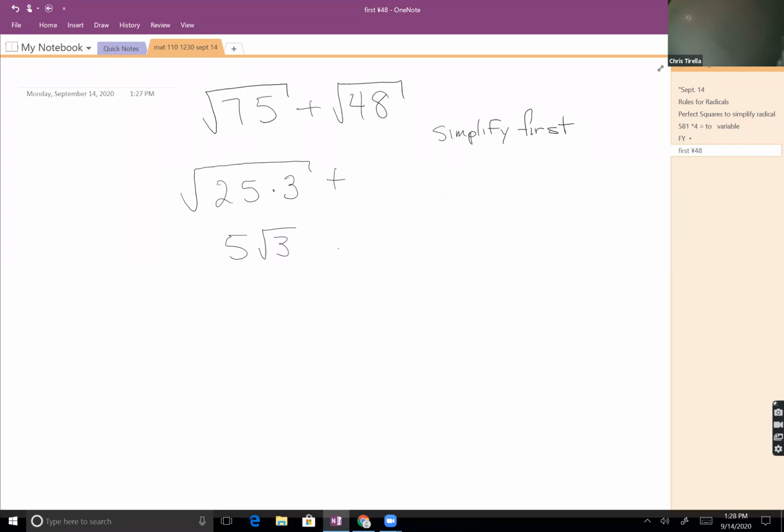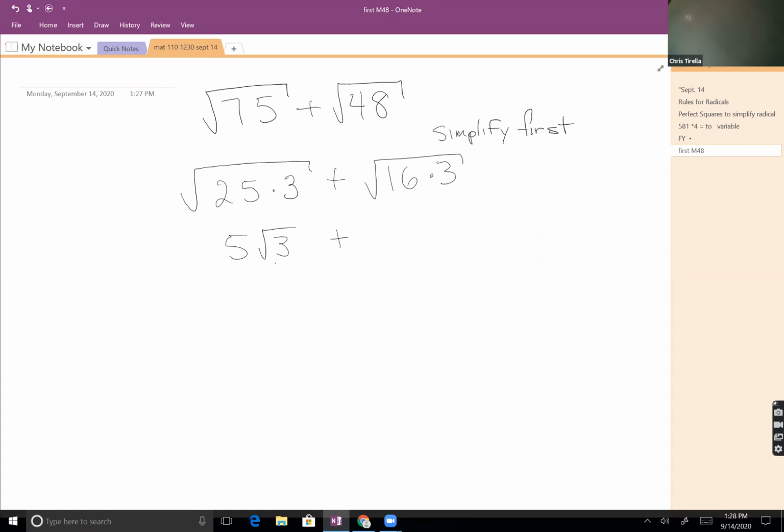Now, anybody offhand, can you think of the biggest perfect square that goes into 48 evenly? 16 times 3. Is there anybody else for whom 16 times 3 was not the first thing that popped into your mind? Can I give you sort of a cheater's way of getting at that? Going in backwards.